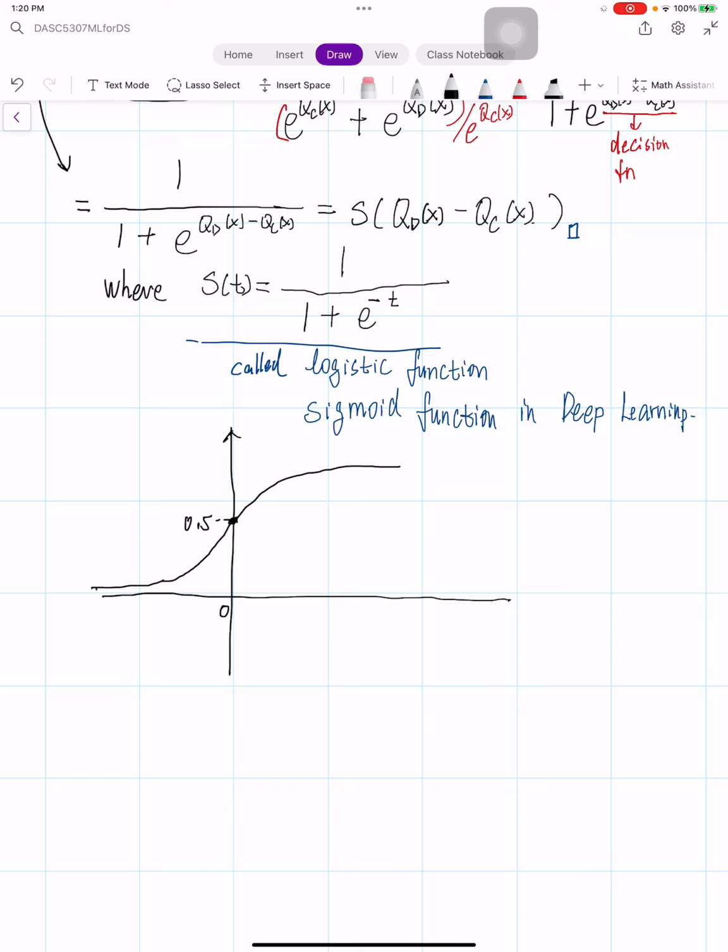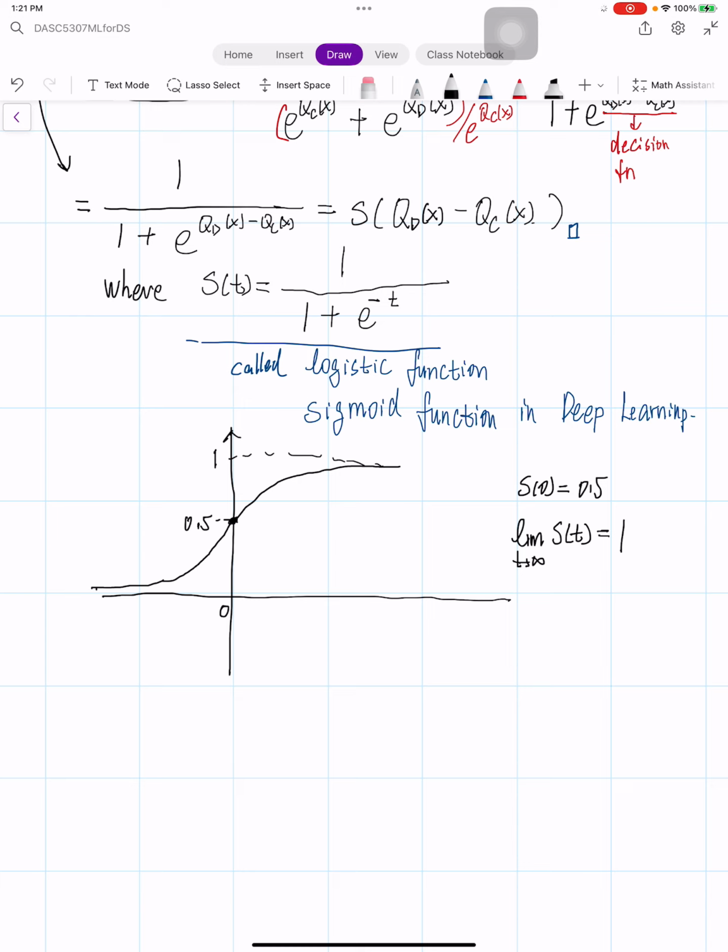In other words, when the value is 0, there is a 50% chance. And the limit of this function when t goes to infinity goes to 1.